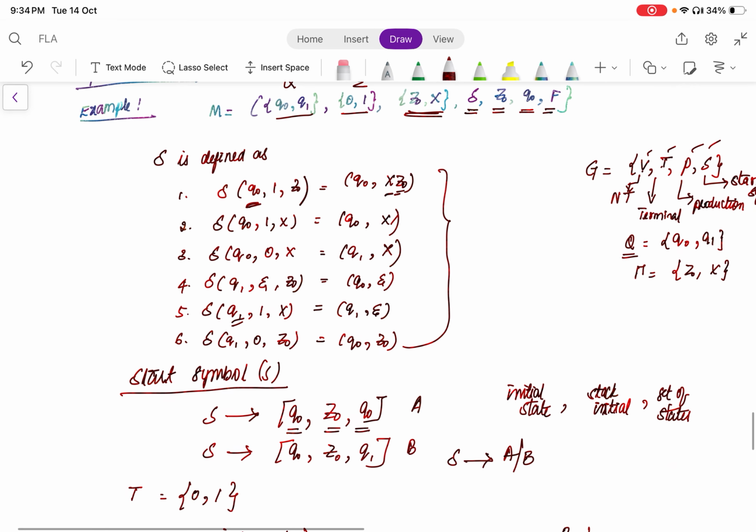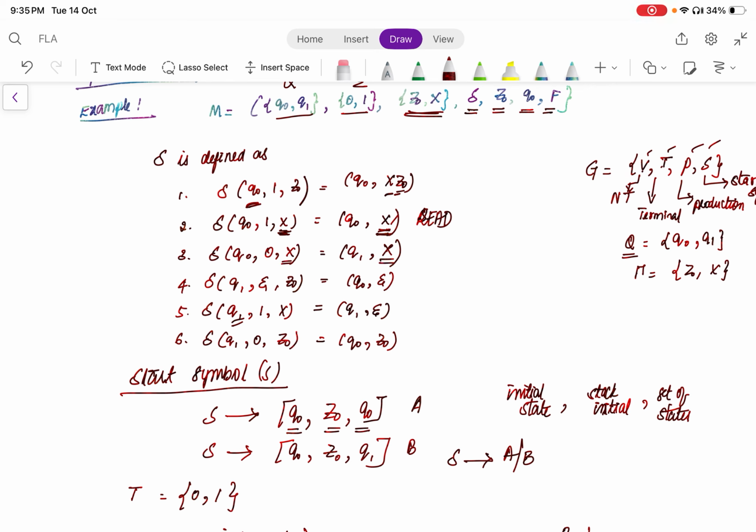Here are the transitions. If the stack symbol before adding the input is the same as the stack symbol after adding the input, then it is a skip or read operation, because in a read operation we do not change the status of the stack. So this is a read operation.